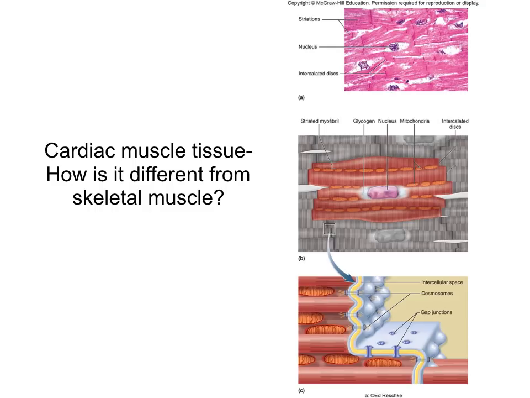The short branching cells of cardiac muscle are connected to each other through specialized junctions called intercalated discs. In the intercalated disc, you can find interdigitating folds. You can see these folds in the lower image on the slide.